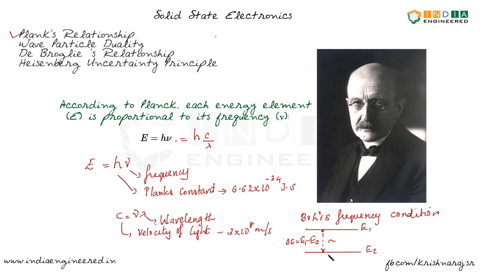So we have an energy level E1, another energy level E2, an electronic transition from E1 to E2, and we have taken the energy difference as delta E. So the relation is delta E is equal to h nu. It is nothing new but a direct consequence of the Einstein-Planck relationship.